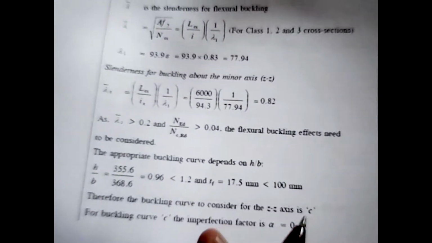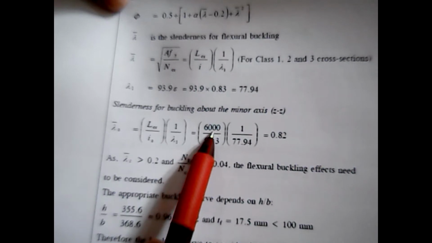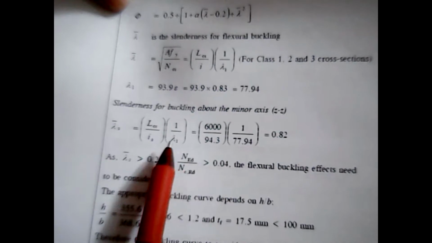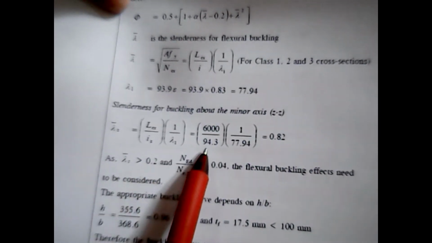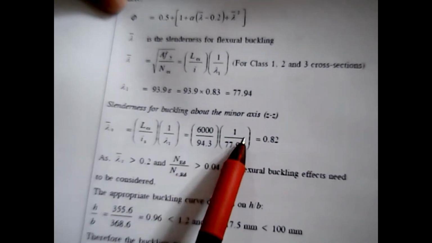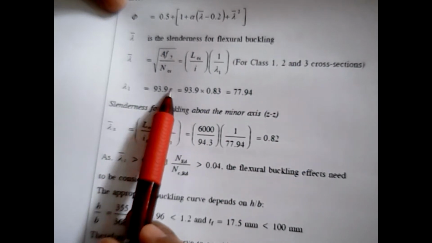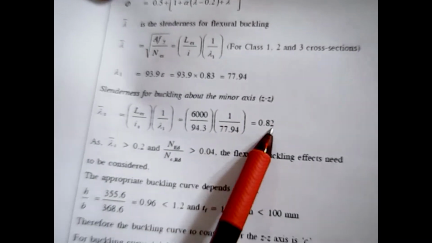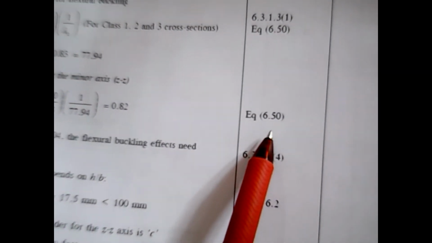Since L is equivalent to LCR, LCR is taken as the full length of your column, which is 6,000, and IZ is taken as 94.3, where you need to calculate your IZ, and then 1 over lambda 1, where lambda 1 is 93.9 times the epsilon, which I give you as 77.94. So in this case you get 0.82.